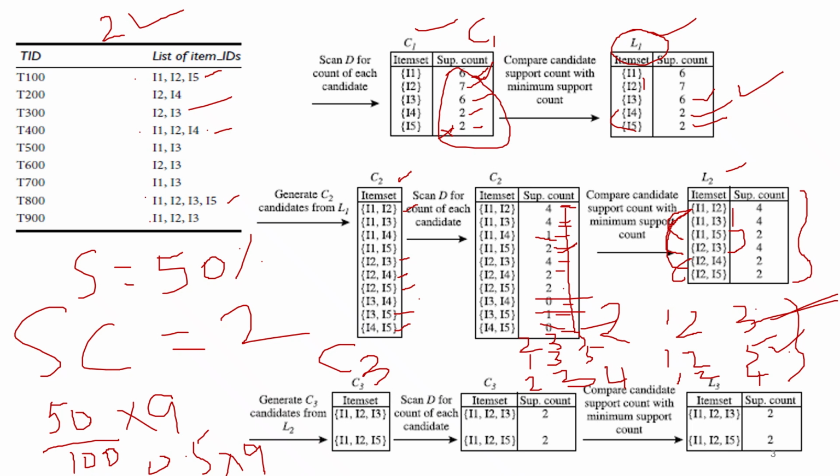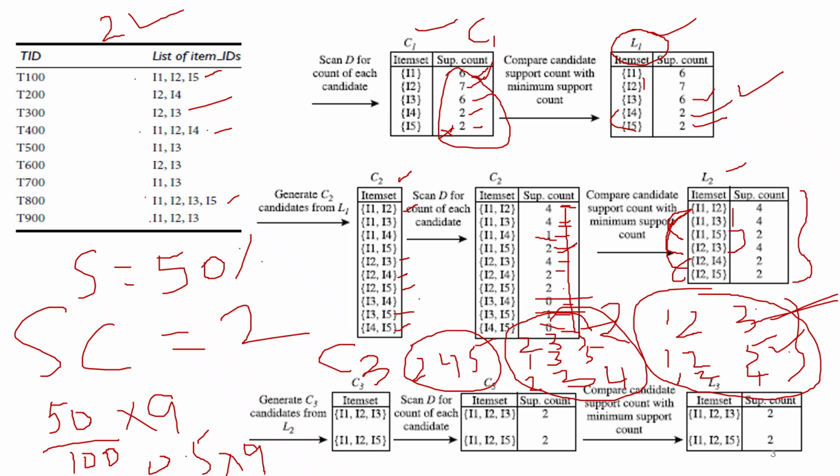So 2, 4, 5. Again, I'm getting a combination called 2, 4, 5. Totally, I have got 7 combinations for C3.